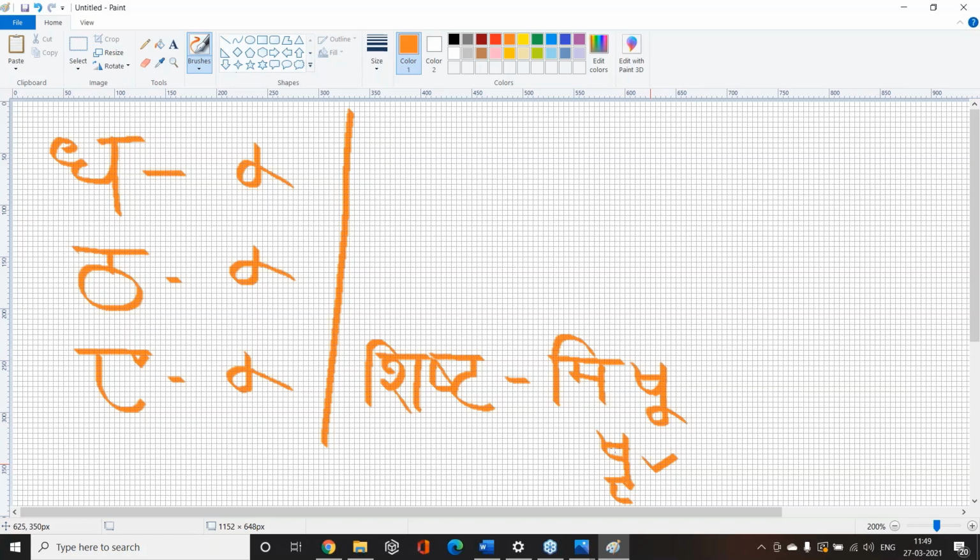Same goes with th. For example, you have mishthan. So I will not write mi. I will just start from sh and th. This is sh, and th is written below it.